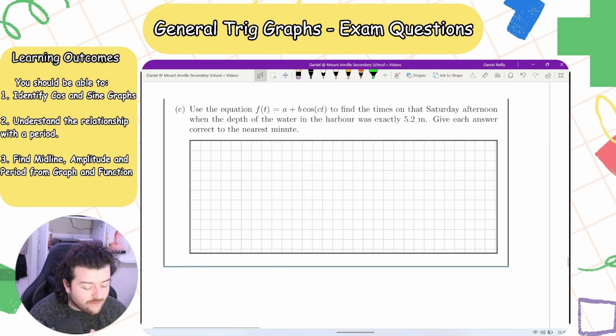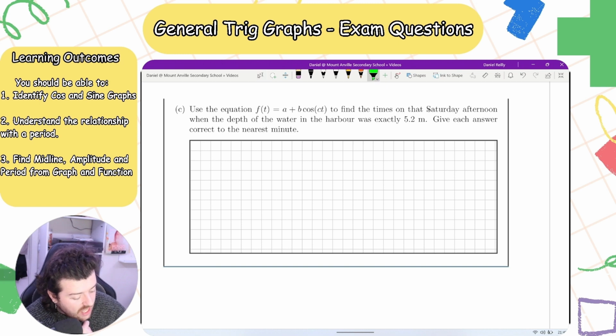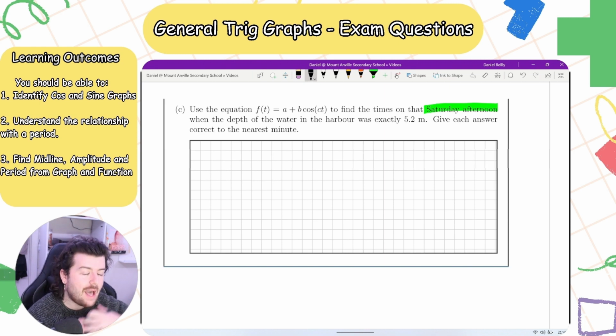Use the equation now, f(t) equals A plus B cosine Ct. Find the times on that Saturday afternoon when the depth of the water was exactly 5.2. Give your answer correct to the nearest minute. So I want to find times on the Saturday afternoon, so we're going to be dealing past 12 noon and before midnight.